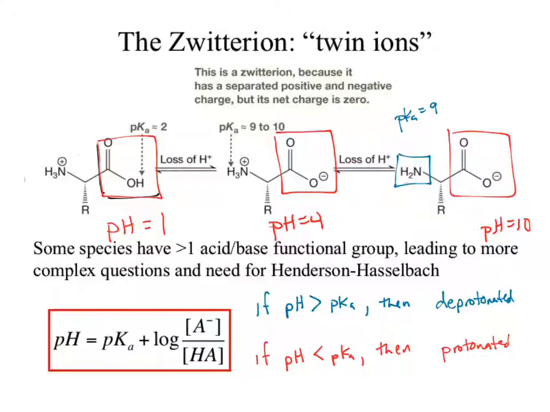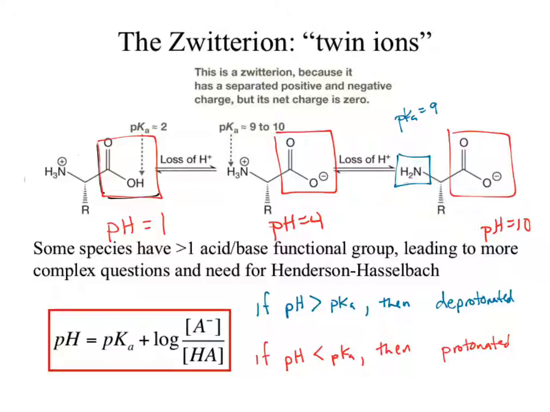So if I'm at a pH of 10, with a pKa of 9, 10 is higher than 9, so I need to be in the deprotonated state for the amine. What is the deprotonated state of the amine? NH2, with the carbon technically connected to it.